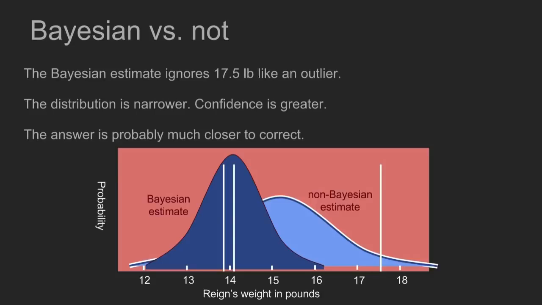So the answer that we got, it's more confident because it's more centered, and it's probably, based on what we know, closer to being correct. So this is how Bayes' theorem is used most often in data science or in analysis. It's a prior that you then update based on your measurements to sharpen up and get a revised set of beliefs.